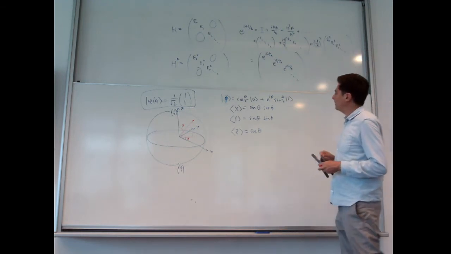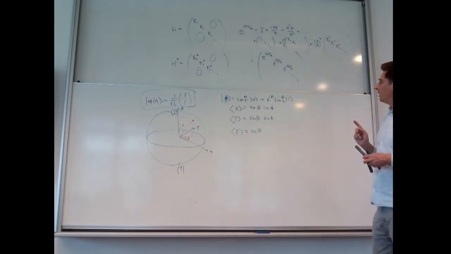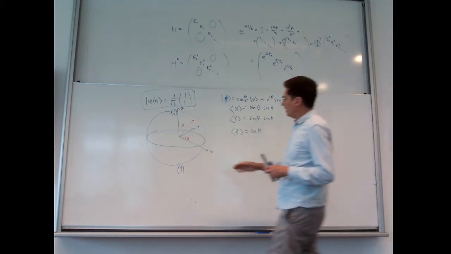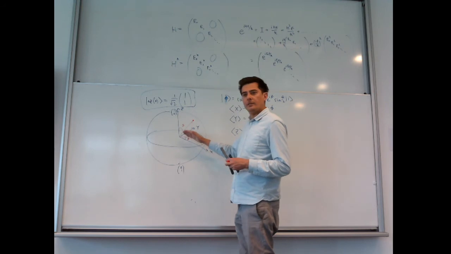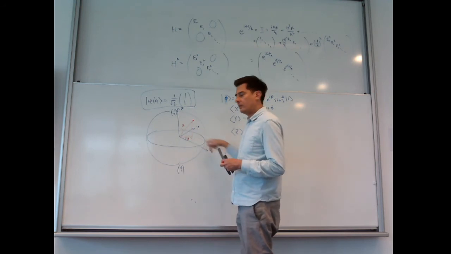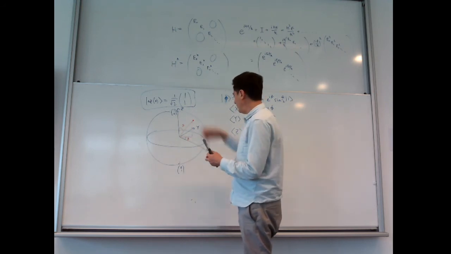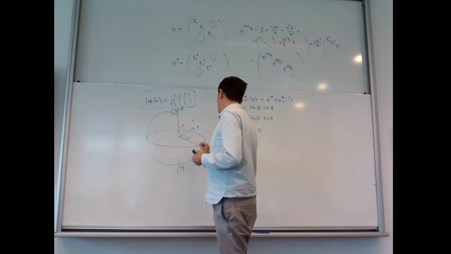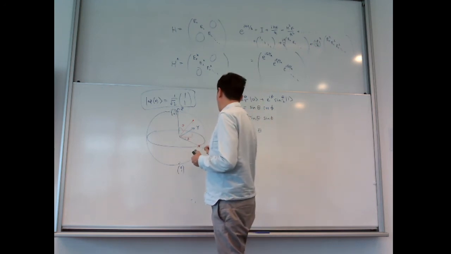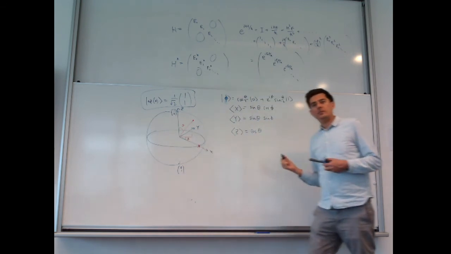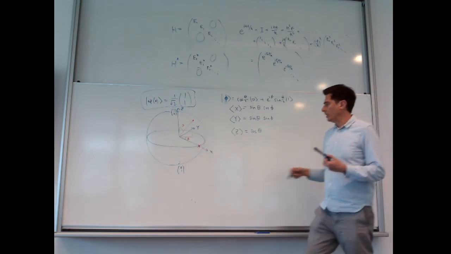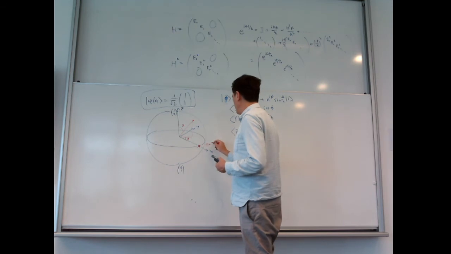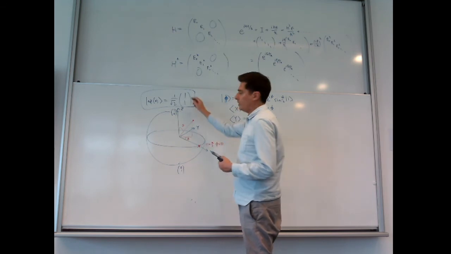You correctly said that theta should be pi over 2. Phi should be 0, yeah. And phi is this angle with respect to x. In other words, that state is located right here. It's pointing in the x direction because theta is pi over 2 and phi is 0 for this particular state.